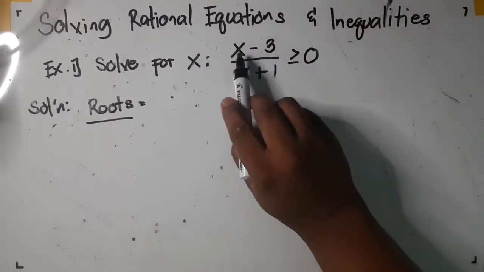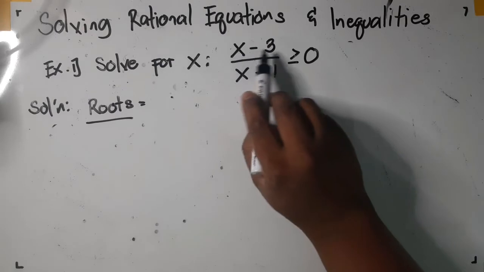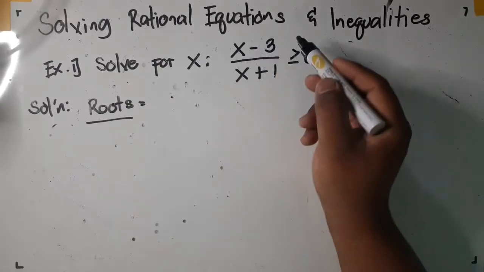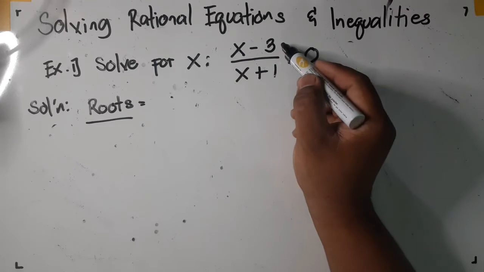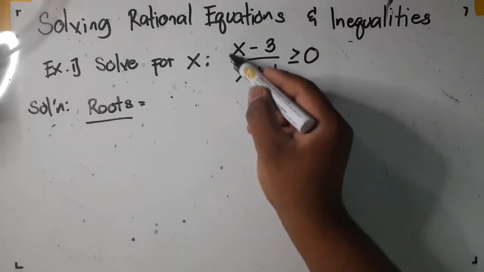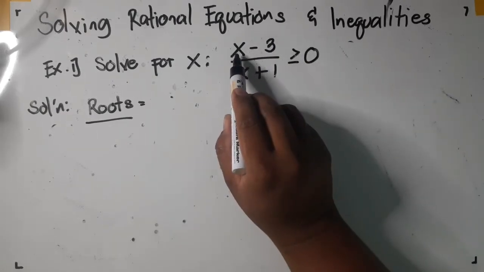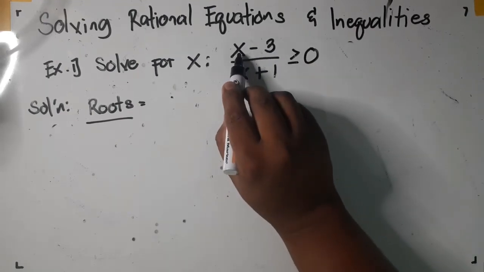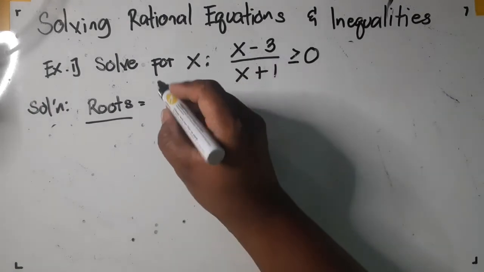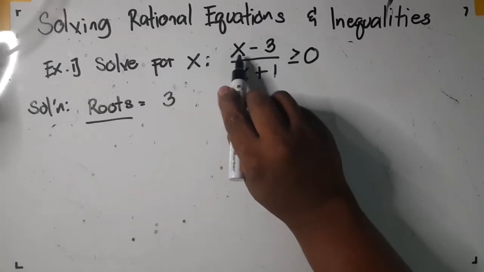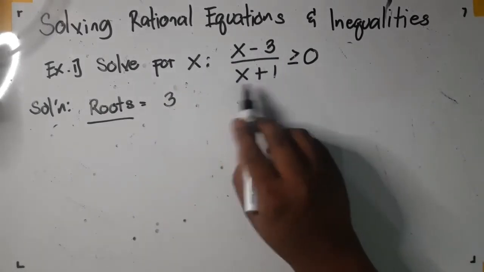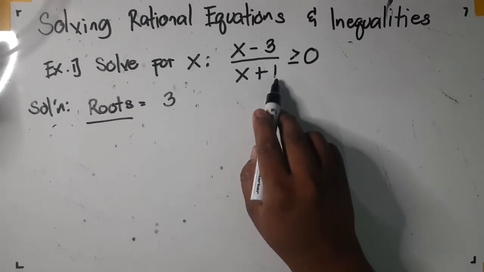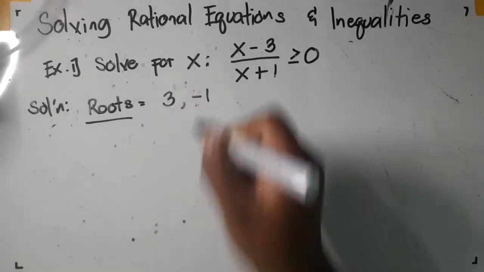Or you can think of it this way: what value of x, when you subtract 3, will make it 0? What number can you replace x with so that when you subtract 3, it becomes 0? So the answer is 3. Similarly, for the denominator, what value of x, when you add 1, will make it 0? That's right, you have negative 1.